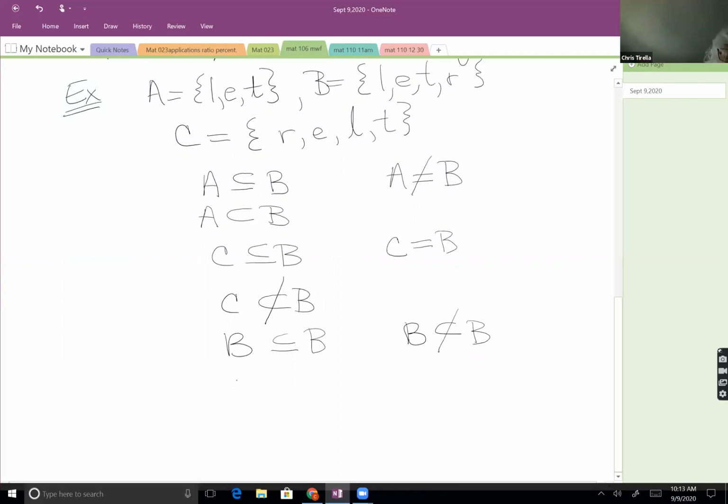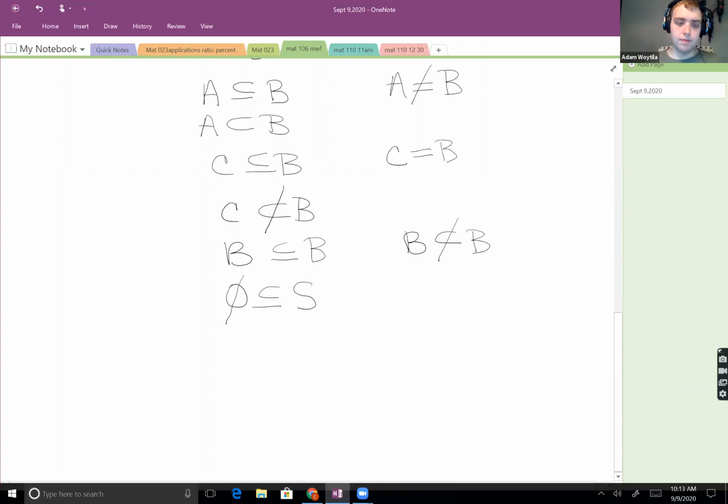Last class, we also said that the empty set is a subset of every set. However, the empty set is not a proper subset of one set, and that's the empty set. That's the only set that the empty set is not a proper subset of.